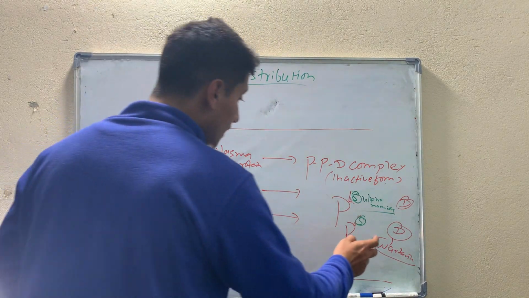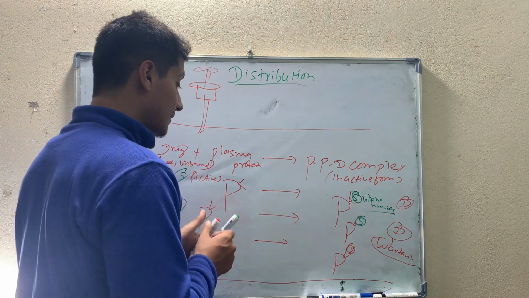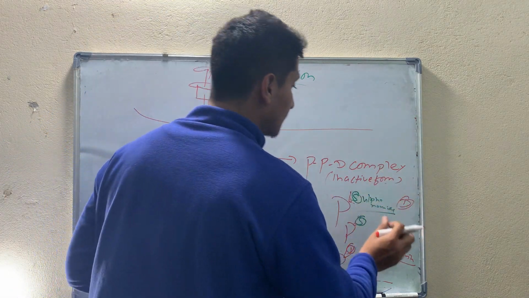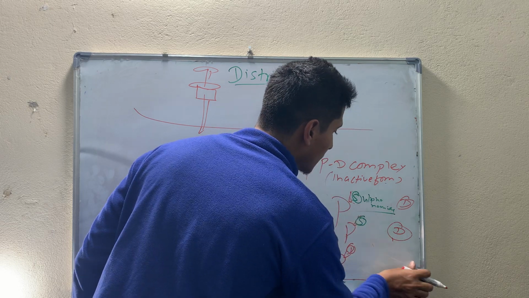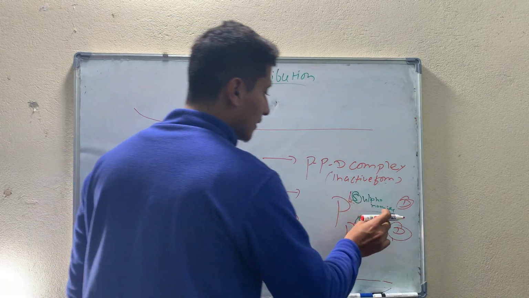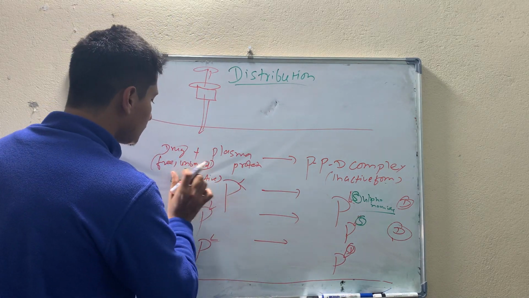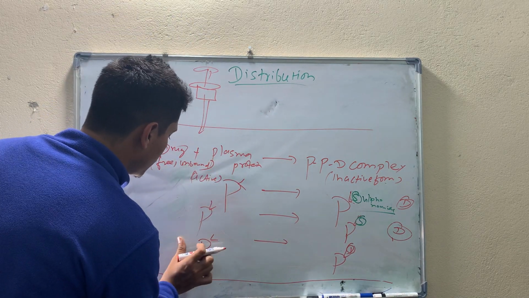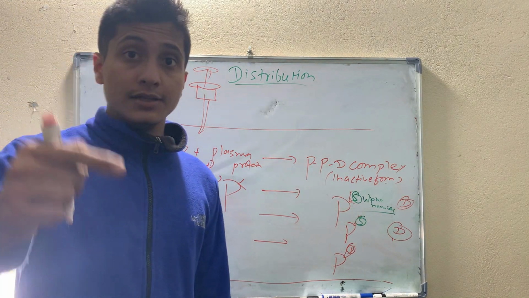There's another example which is very clinically important. What if, in place of this D, it was unconjugated bilirubin in the case of a neonate?